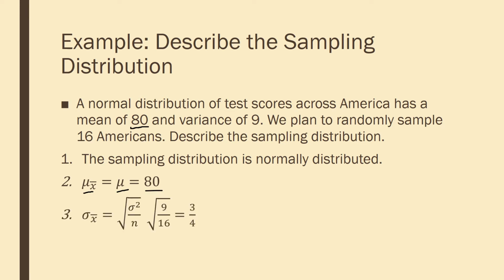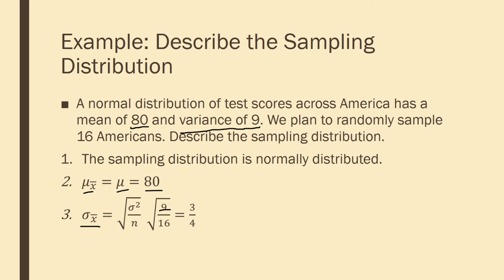And number 3, we can find this standard error. And we know what the variance is. Our population variance is 9. So we're going to put 9 here.